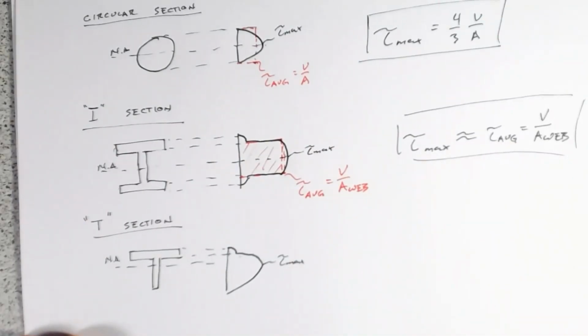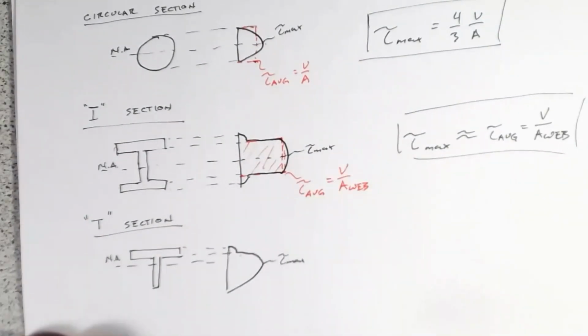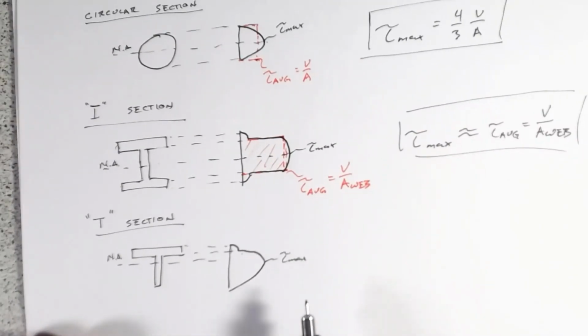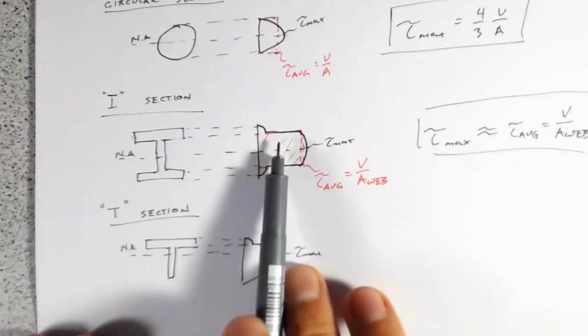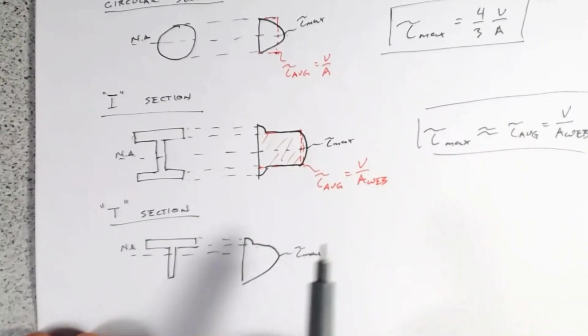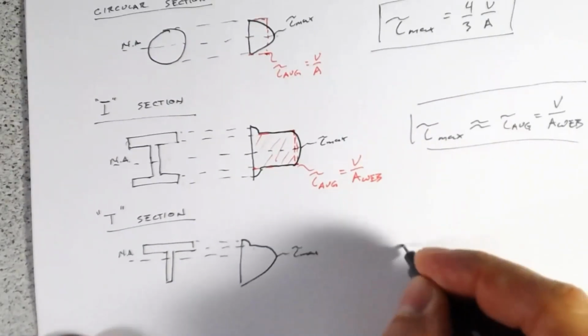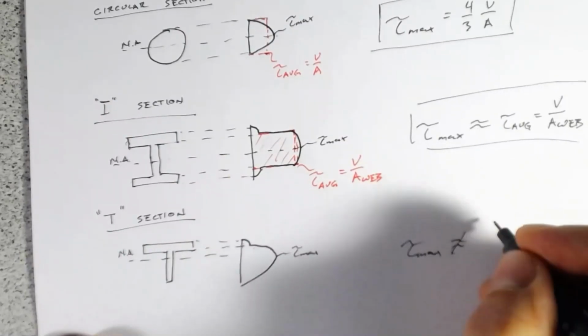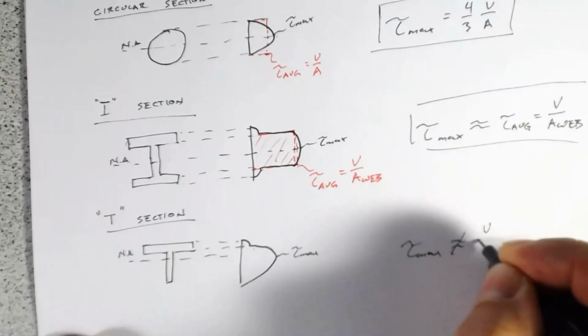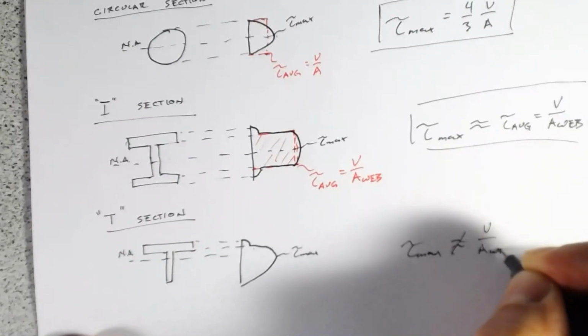Tau max. So you can see pretty clearly that for a T section, you don't have anything that looks nice and rectangular and average. So tau max is not anywhere close to V over A web.